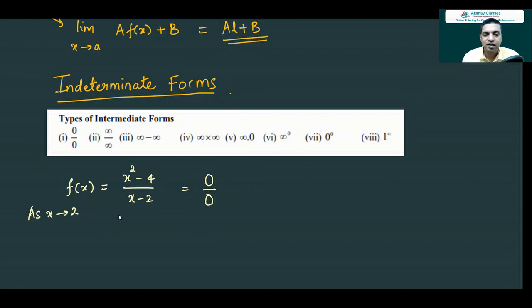But here it is 0 upon 0. So whether the function approaches 0, or infinity, or a finite value, that is why this form is called an indeterminate form, because we have to evaluate by mathematical logic. Directly we cannot say.